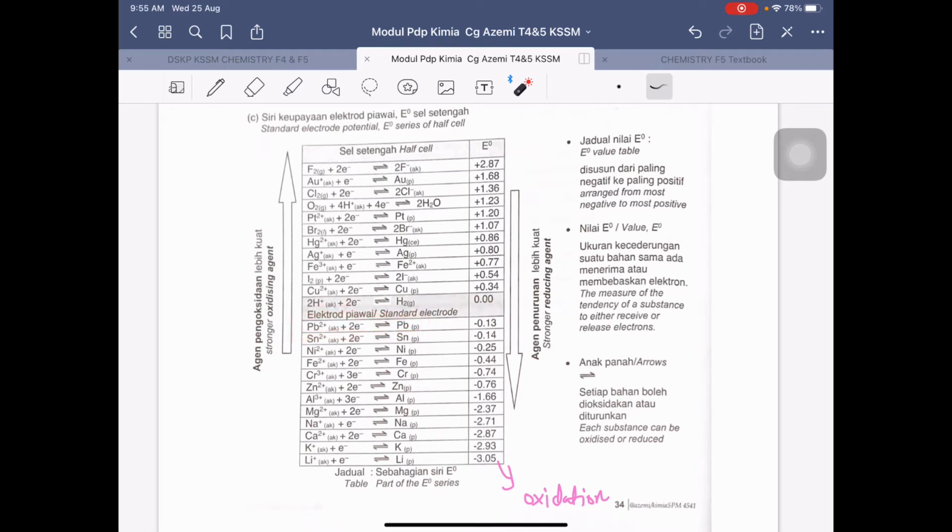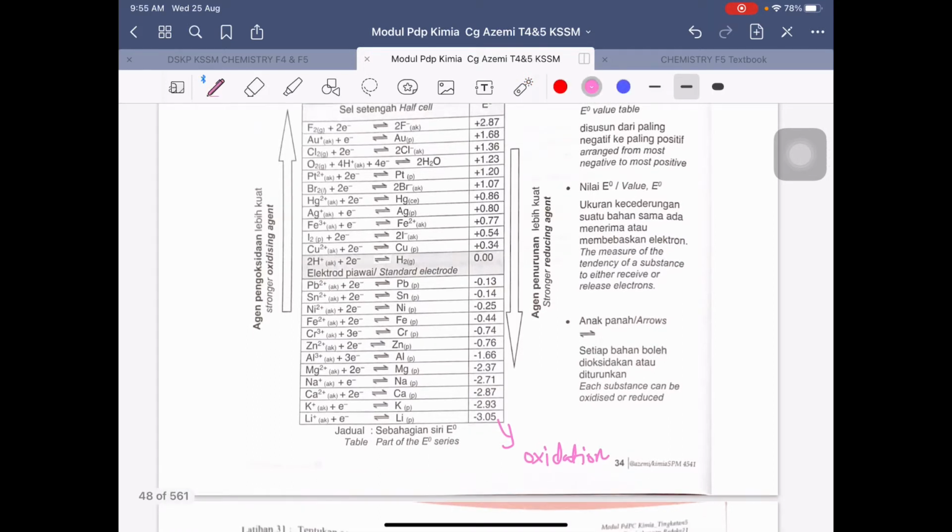Kamu akan kasih terbalik, because oxidation means you donate electron. So sebagai contoh, this one, the lead, it's going to be like this. Pb, arrow. Kasih terbalik, because kalau oxidation, donate electron. So kasih terbalik this half equation.